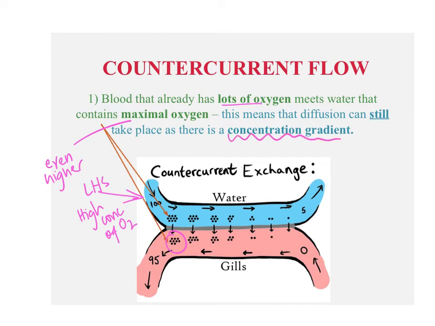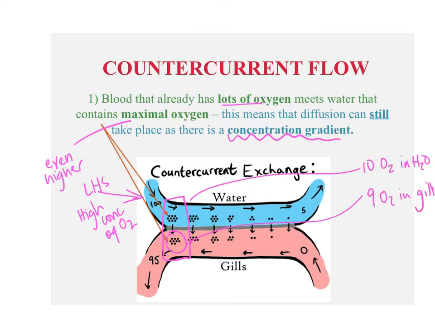So if you imagine, even if we're just looking here, if we count the number of dots, we've got 3, 4, so we've got 10 dots there. So we can say 10 oxygens in the water. But in the gills, we've only got 9. So 9 O2 in gills.